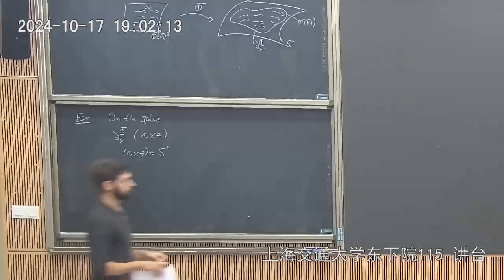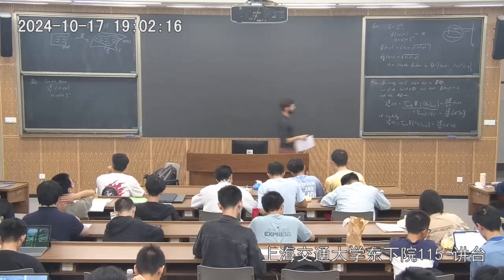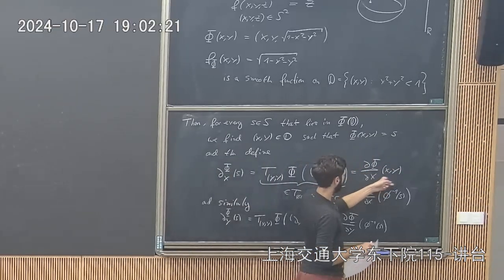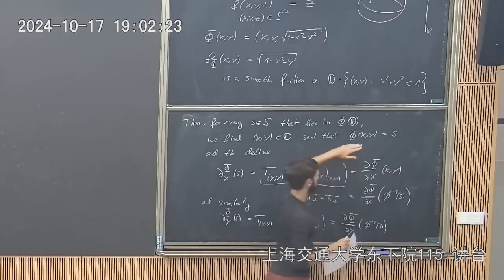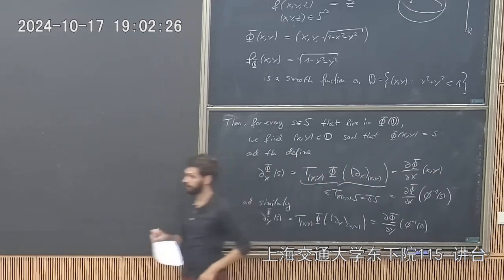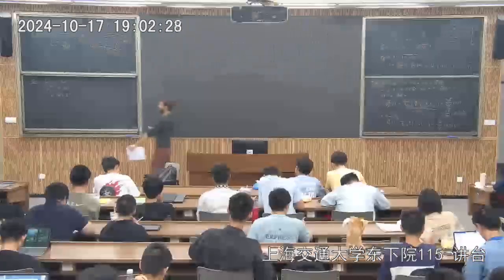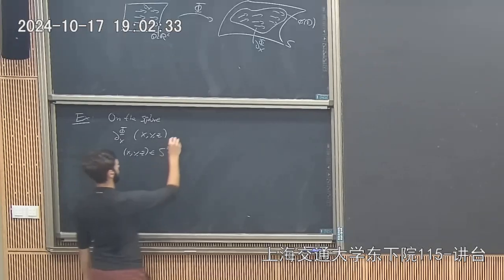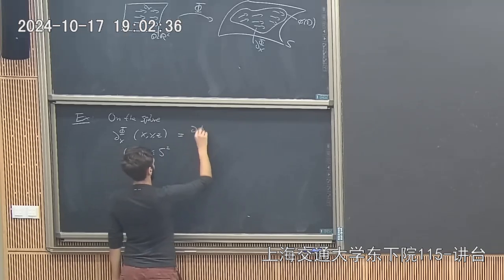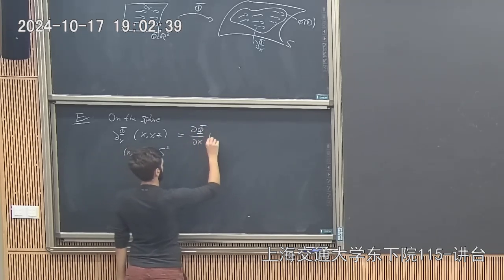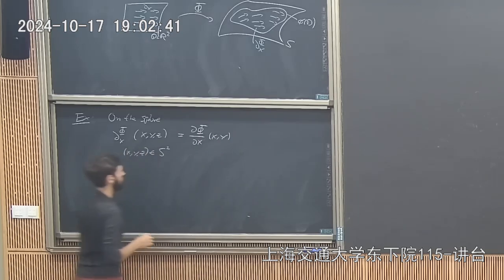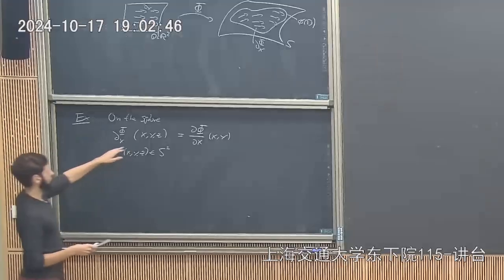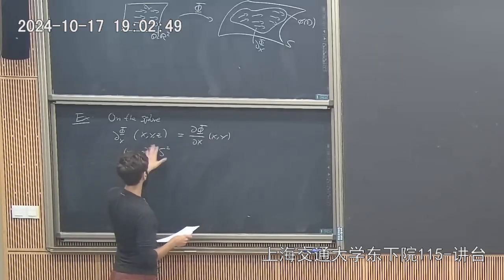And what we have to do is calculate this expression here, ∂x, at that point, given by d phi of x at x and y, where x and y is the point that maps to the point on S. In our case, it's relatively simple because the point that maps to x, y, and z is just x, y. So we need to take the derivative of phi in the x direction at the point, and now it's just the point x and y, because the z is determined by x and y.